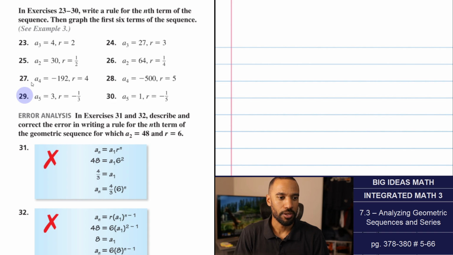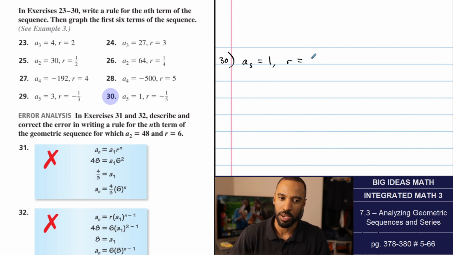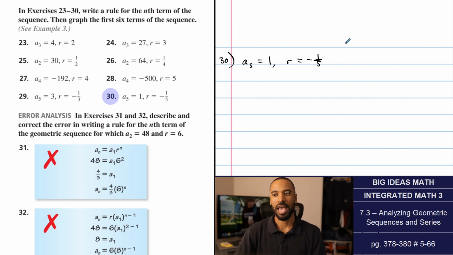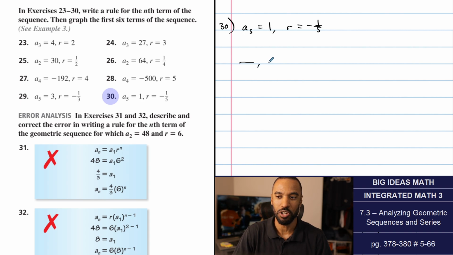All right, number 30. The only thing I'm hopeful for here is that I can get a good scale for my graphs, my points that I plot. So 30. We have a fifth term of 1 and a common ratio of negative 1/5. I'll tell you what, if there's a good reason actually to do that backwards, I'm going to do the backwards approach this time. If there's a good reason to do it, it's because I need all 6 terms anyway.